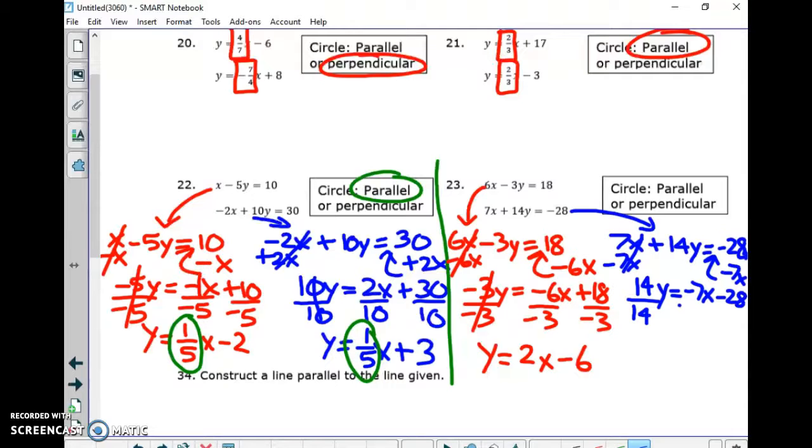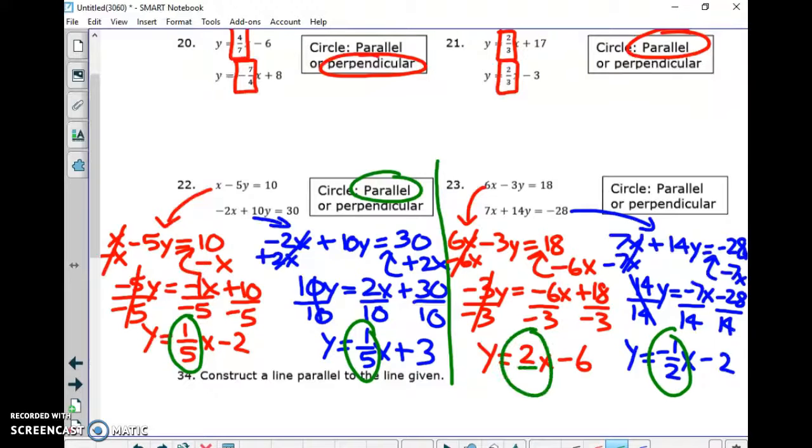Divide by 14. y equals negative 7 over 14 reduces to negative 1/2. And maybe you already see what's going to happen. Negative 28 over 14 is negative 2. And you should see that negative 1 over 2 and positive 2 over 1 are opposite reciprocals. That is perpendicular, right?